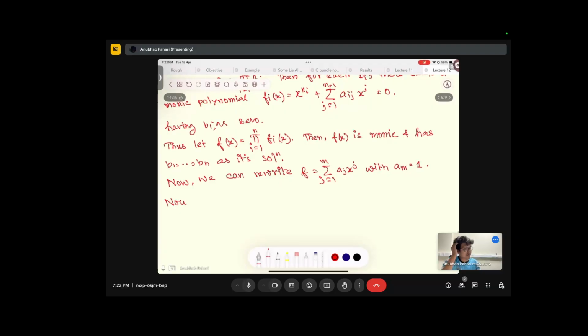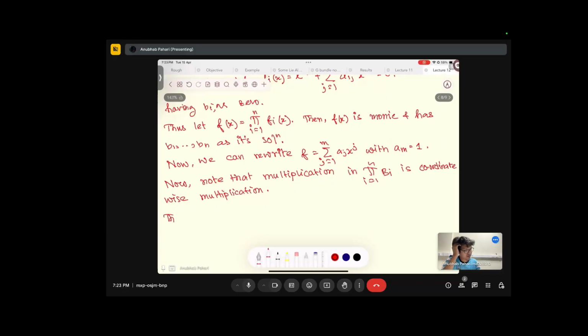Now note that multiplication in this product of Bi is coordinatewise multiplication.